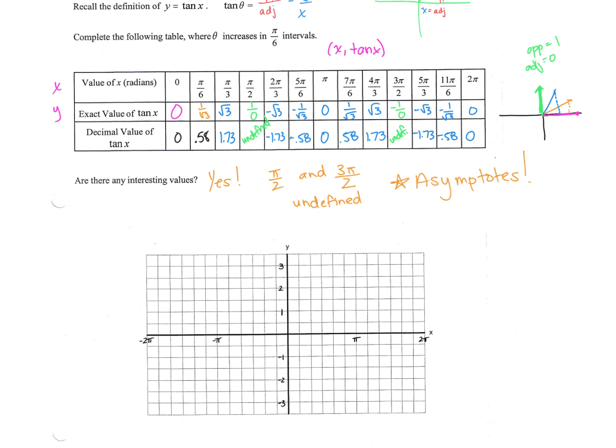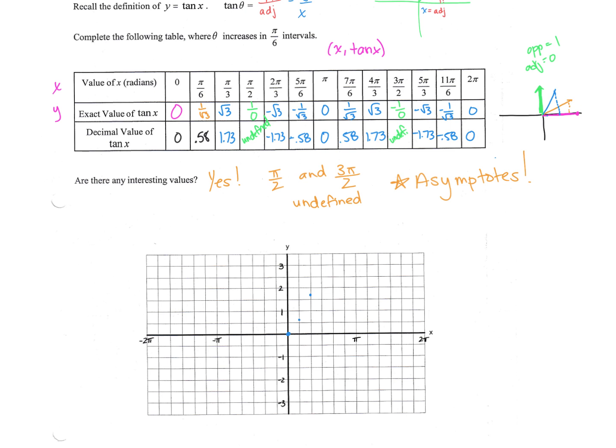So if I'm starting at (0, 0), you'll notice I've changed the scale of the y-axis here. Again, you'll notice the x-axis is still 0 to 2π, each grid representing π/6. That will not change. So I have my points.